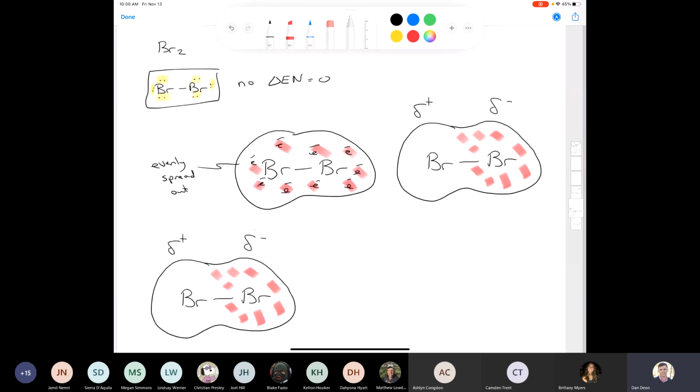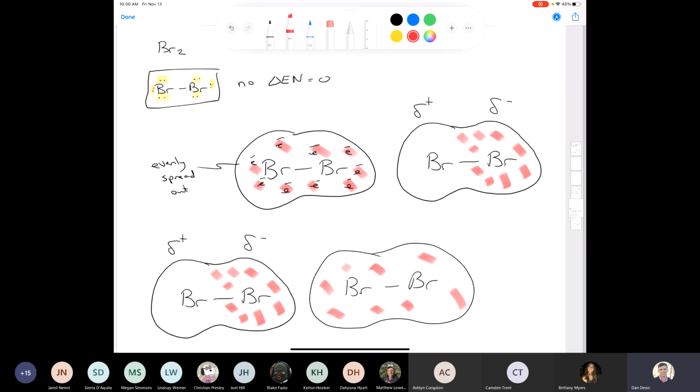that means that if another molecule of bromine is in the vicinity, even if all the electrons were evenly spread out here, let's imagine they were perfectly spread out like this, and a delta minus approaches, what's it going to do? Opposites attract, and like charges repel.